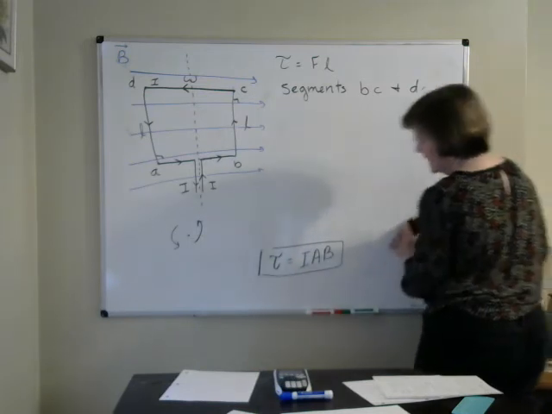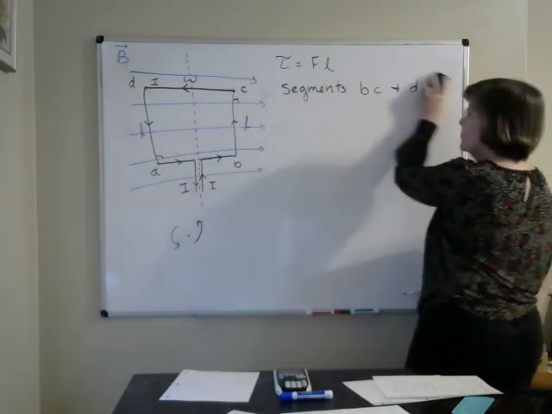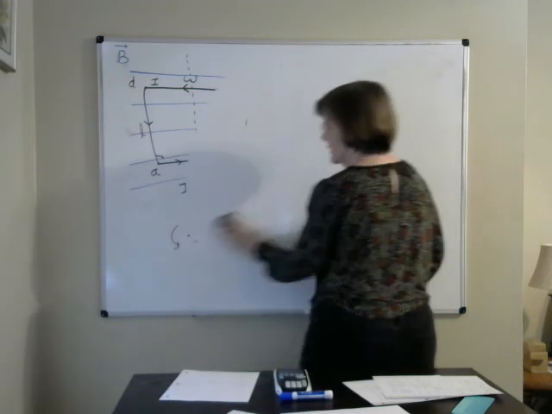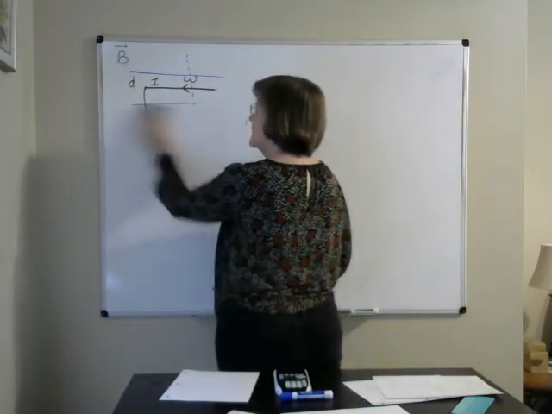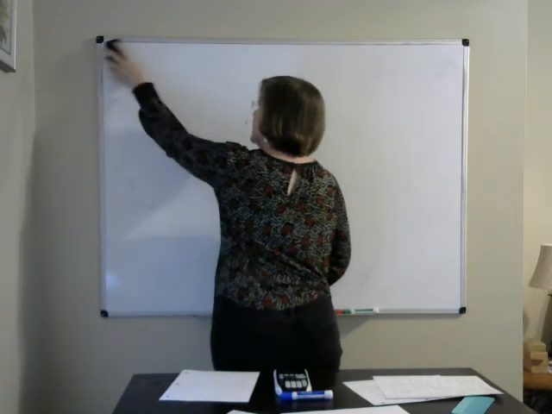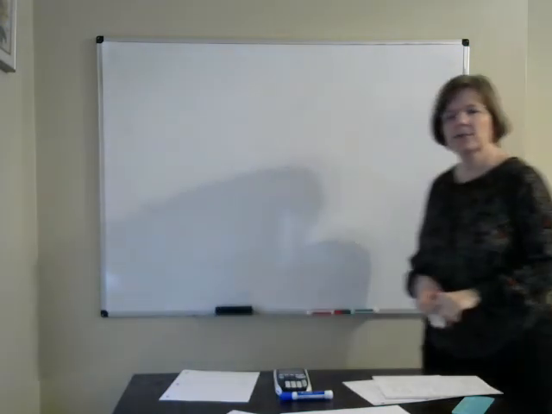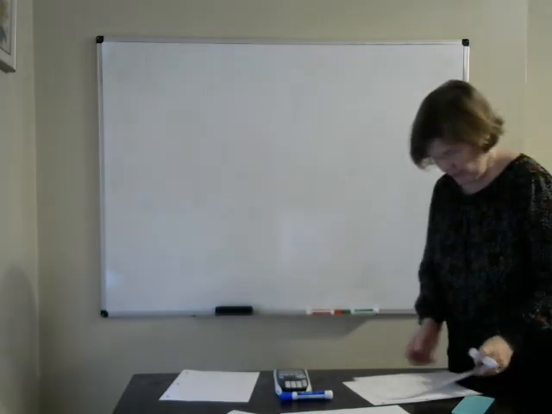Now we did that with a rectangular loop, but it turns out, and we're not going to do any more complicated math, that it does not depend on the shape of the loop. So most of the time those loops aren't going to be rectangles, they'll probably be circular loops.